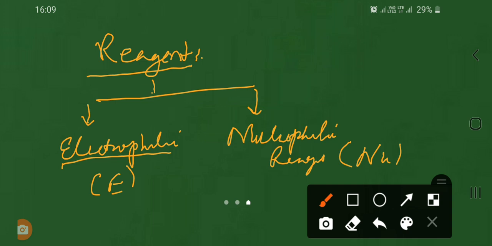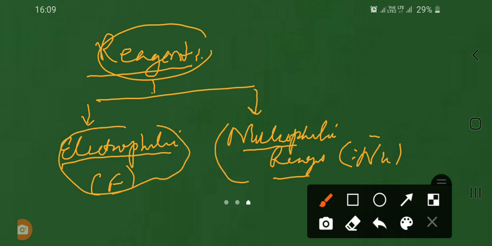Electrophilic means electron loving, so all electrophilic reagents are definitely electron deficient species. Nucleophilic reagent, represented by Nu, has one shared pair of electrons and negative charge. It is electron rich in nature. So here we can see that reagents are of two types: electrophilic reagent and nucleophilic reagent.